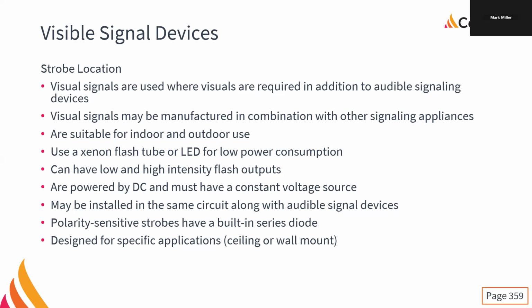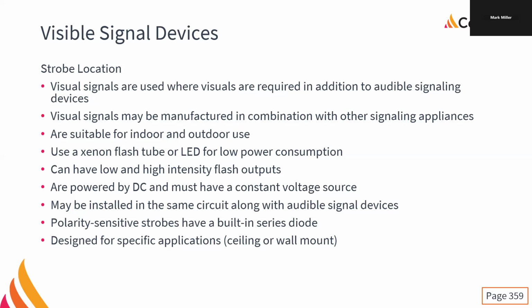Strobes are polarity sensitive. They have built-in diodes, and they are designed for specific applications. They are either ceiling mount or wall mount. There's only a couple of them out there that you can mount on the wall or the ceiling. It's very, very rare. And that is because of the actual optics.